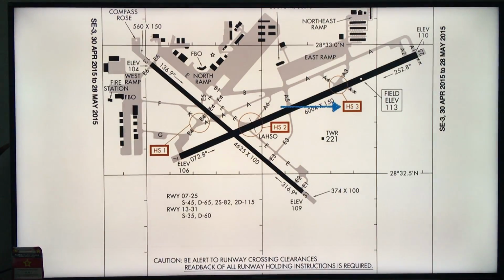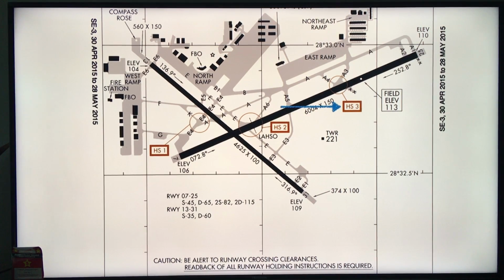Look at HS1. You can see right here, there's Alpha 4 and Alpha 3, and they both intersect a runway on top of having a closed taxiway, so the double X's there as well. That's a hot spot. Look at hot spot number 2, back over a little bit. There we have a LASSO, land and hold short operation, something we're going to share in a future video as well.